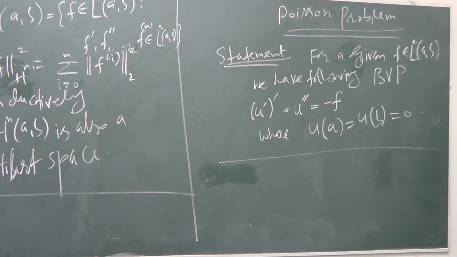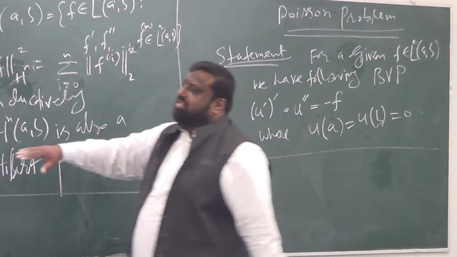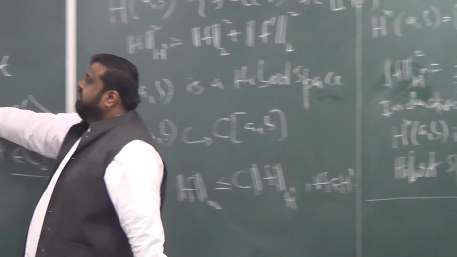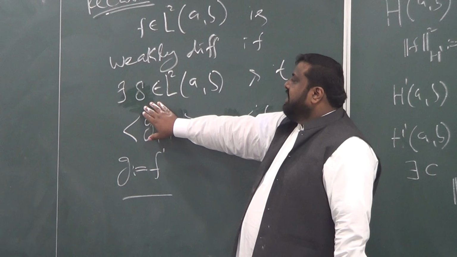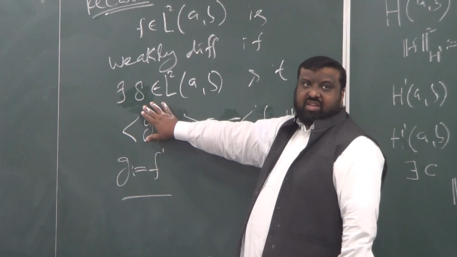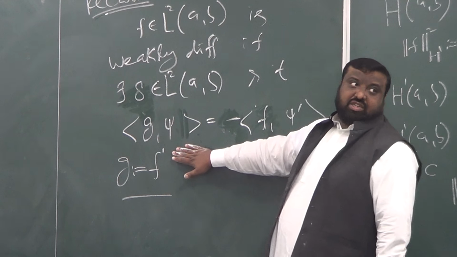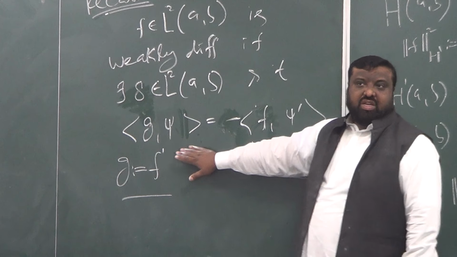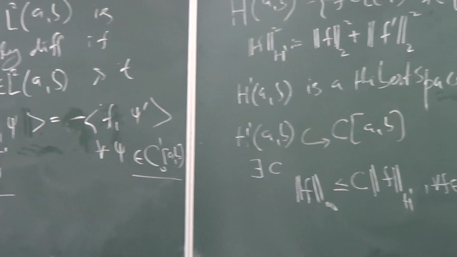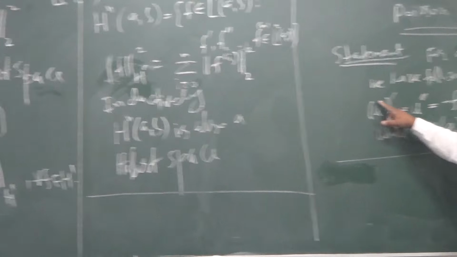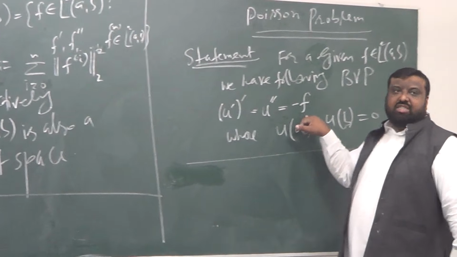So what should be the meaning? Here, return to the definition. For functions f and g, we say g is the weak derivative of f if f and g satisfy this condition. Now I'm saying that the weak derivative of u prime is minus f.